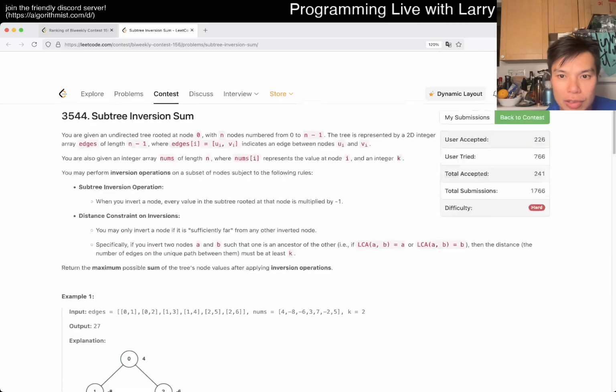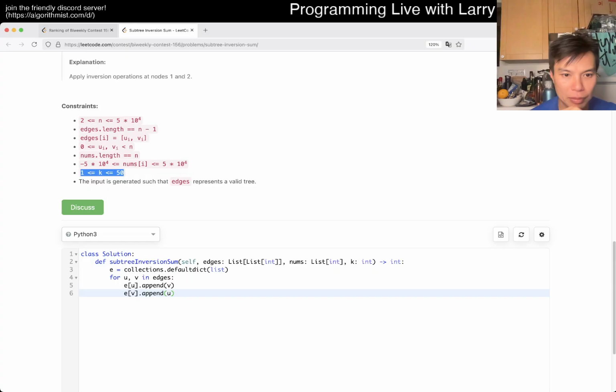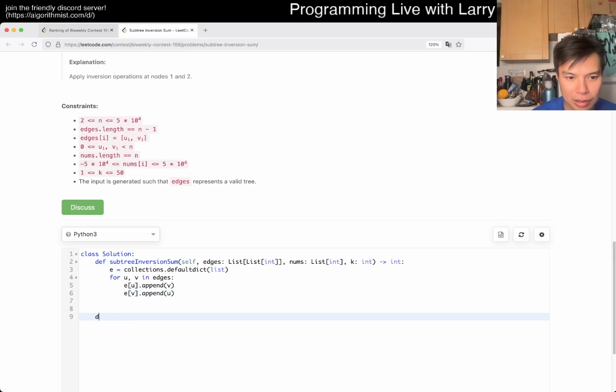So okay, we can go upwards, but we also go downwards, right? Meaning that if we invert a root, we cannot invert some number of nodes. So can I do something like node K, right?